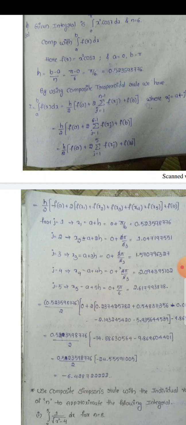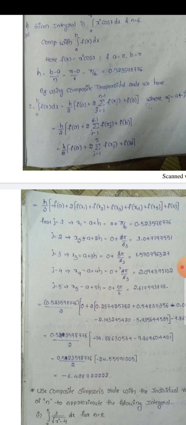For j equals 1, x1 equals a plus h equals 0 plus 5 by 6 equals 0.52359. For j equals 2, x2 equals a plus 2h equals 1.04719. For j equals 3, x3 equals a plus 3h equals 0 plus 15 by 6 equals 1.5707.